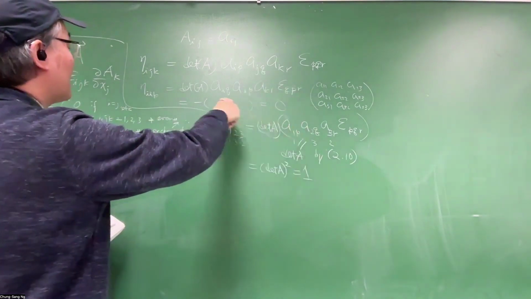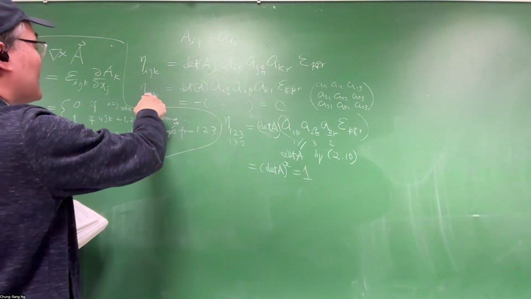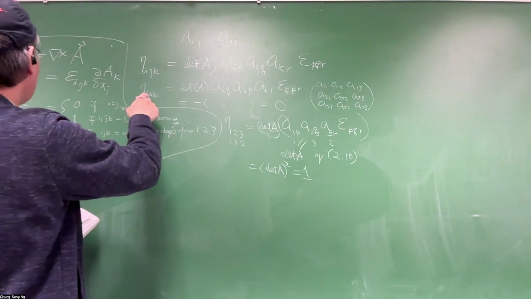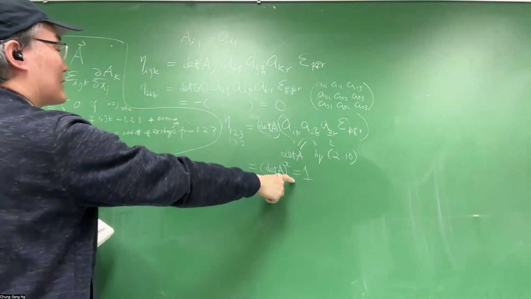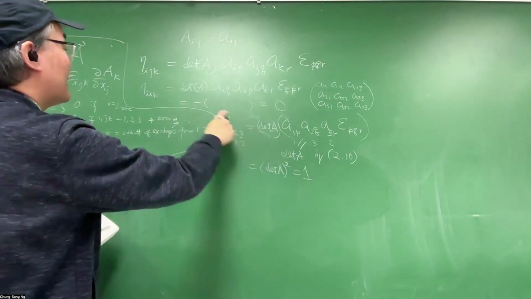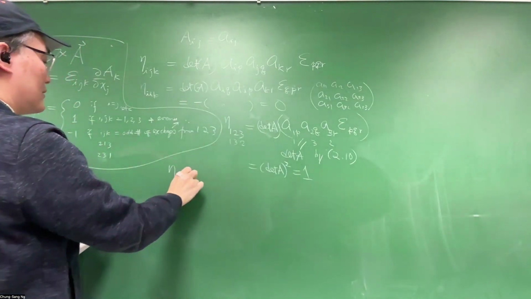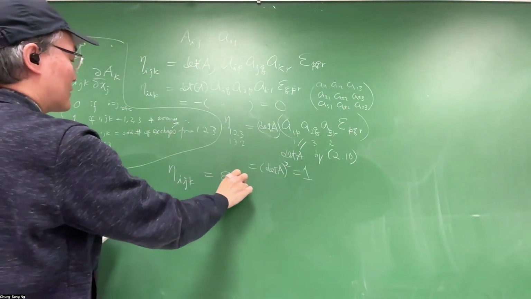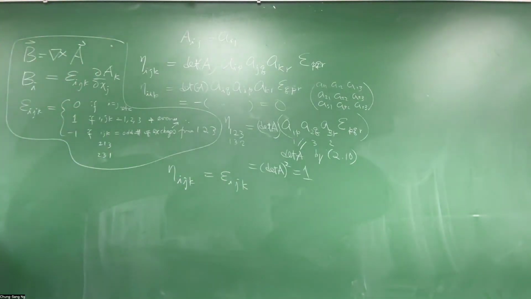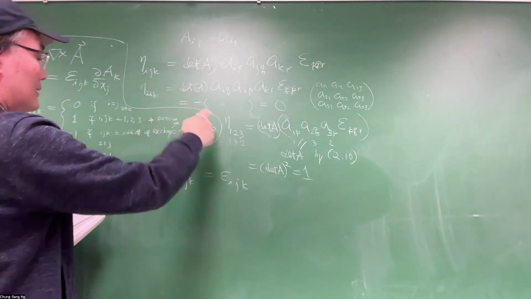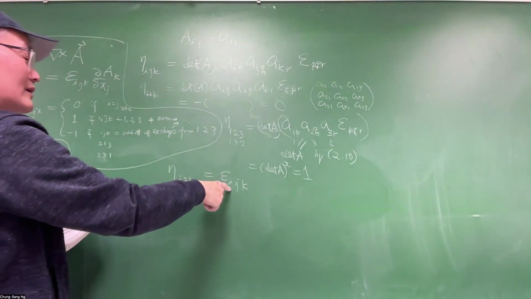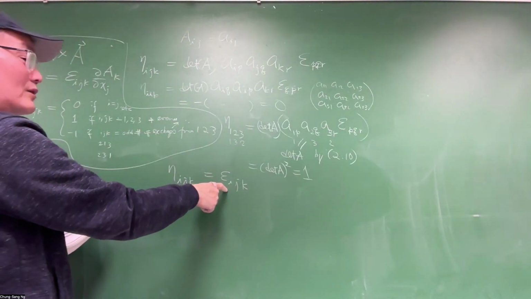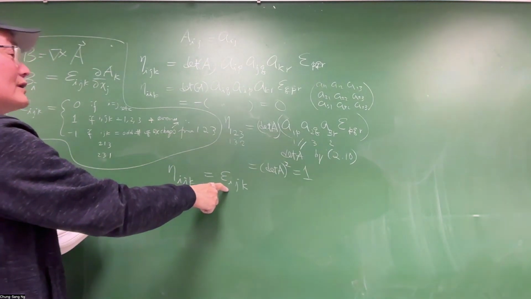So all this consideration means that this one is proportional to epsilon ijk, and the proportionality is 1 because whenever it is 1, 2, 3 it is 1. Right? Okay. So remember, this is after you transform it, and this is in the new coordinate system, what we call the prime coordinate system.